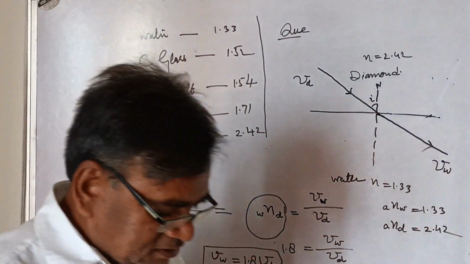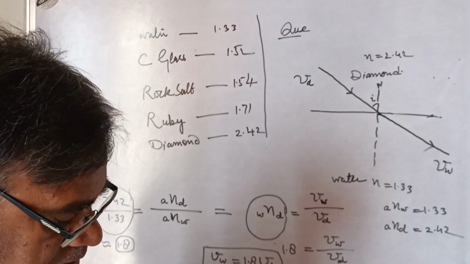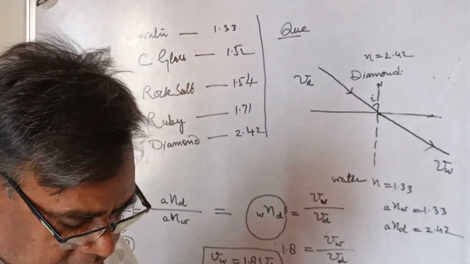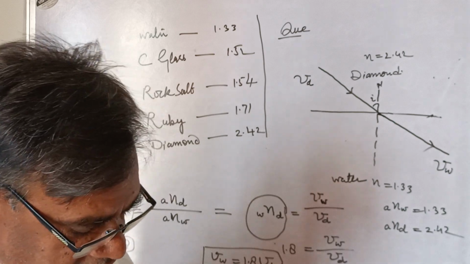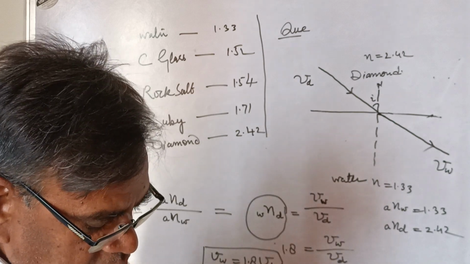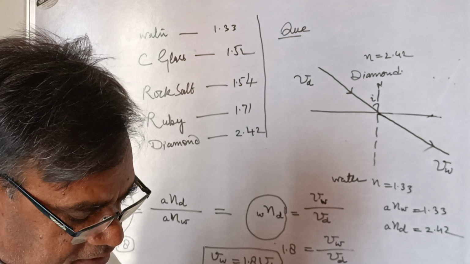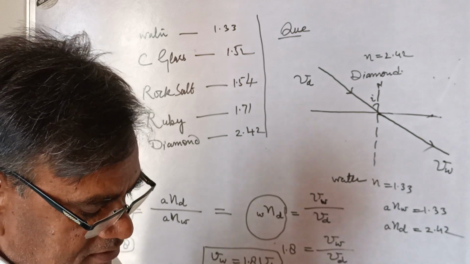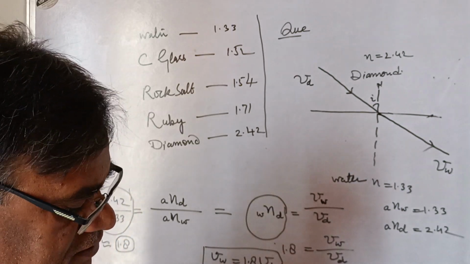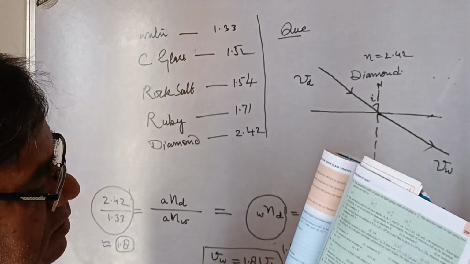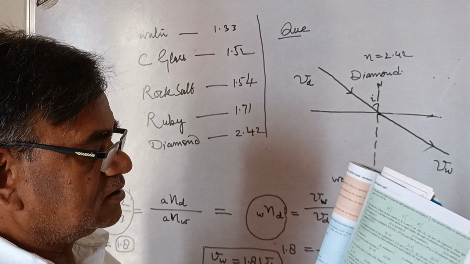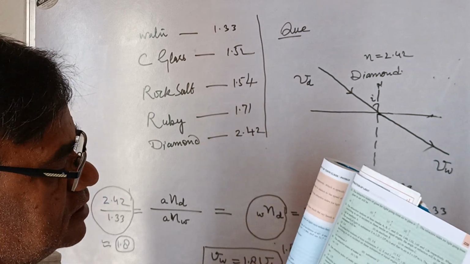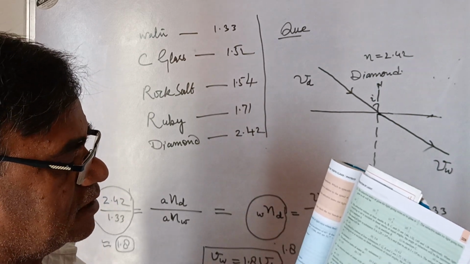And the second question is a medium pair so that light slows down when it goes from one medium to another. You can make many pairs. For example, water and crown glass, 1.33 and 1.52.